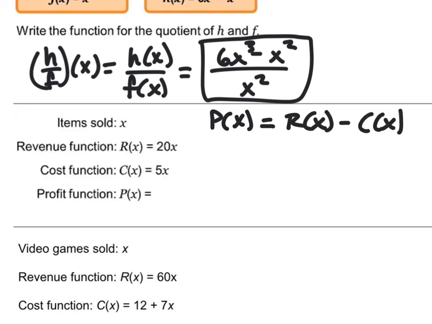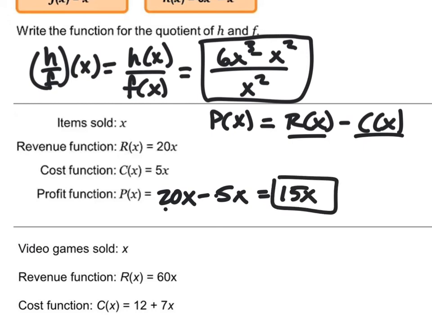Revenue is money you make, cost is money you spend. So profit is just r of x minus c of x. Well, r of x is 20x minus c of x, which is 5x, and that's going to give us 20x minus 5x, which is 15x, and that's our profit function.